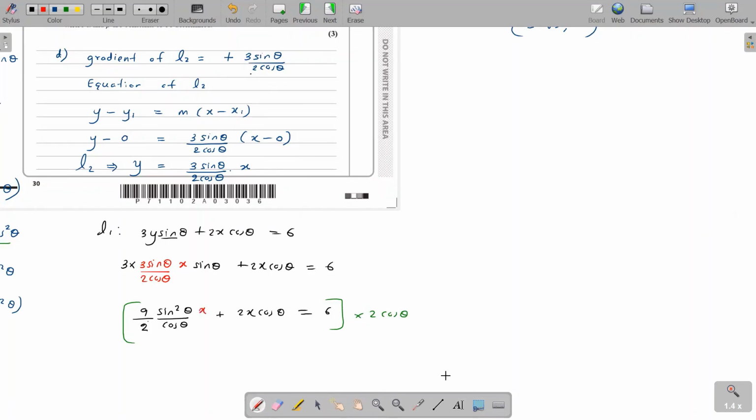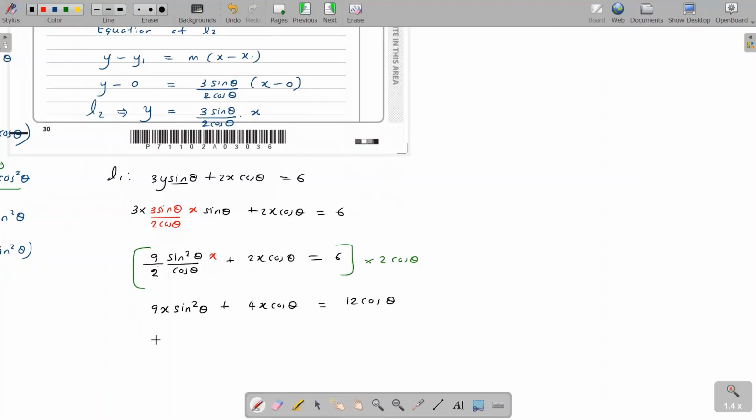And there's x here, right? 9 over 2 sine square over cos theta, and there's this x here, right? And 2x cos theta equals 6. Multiply the whole equation with 2 cos theta. So I get 9x square sine square theta plus 4x cos theta equals 6 times 2, 12 cos theta.